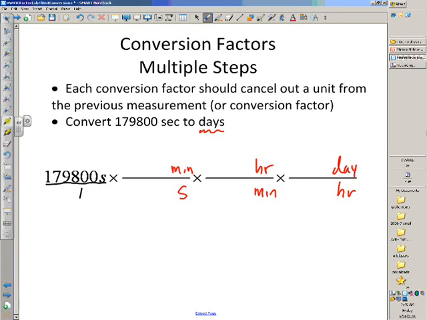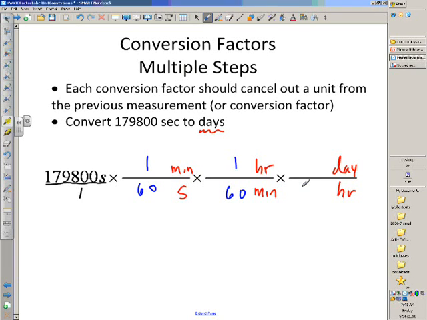So we fill it in: 1 minute, 60 seconds, because that's an equivalent amount of time. 1 hour, 60 minutes. These two are the same amount of time. It's not the same amount of time as the previous conversion factor, and that's okay, as long as these two are the same amount of time. Because remember, that really equals out to 1. So we're multiplying that original measurement by a factor that is equivalent to 1.